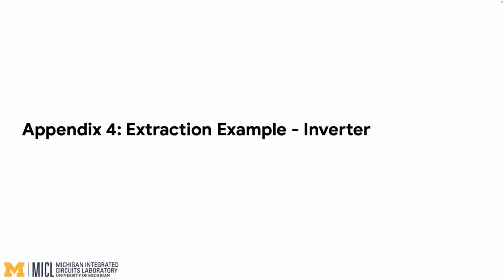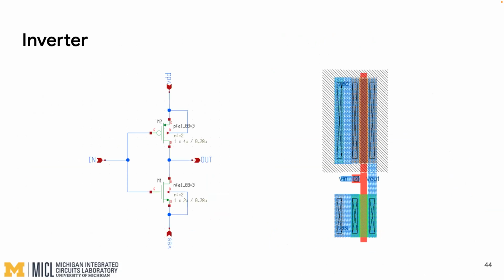Okay, next I will show you the second example, which is an inverter. This is a schematic of an inverter, and on the right side is the layout of this inverter.